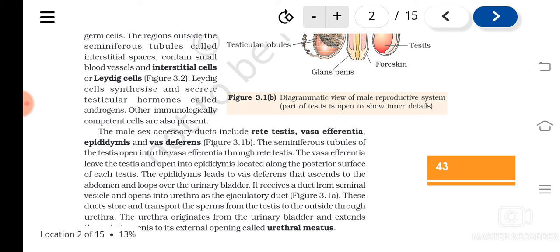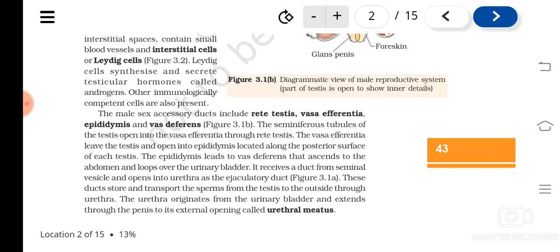It receives a duct from the seminal vesicle and opens into the urethra as an ejaculatory duct. So what is the function of these ducts? They store and transport the sperms from testis to outside.